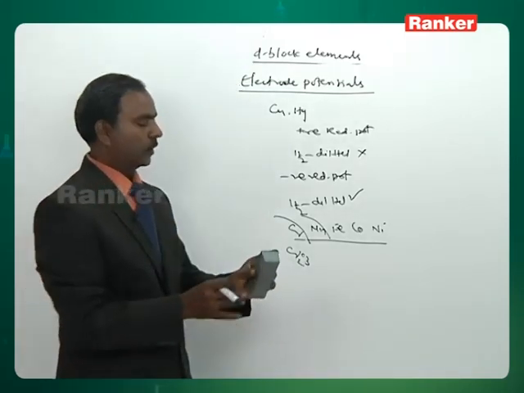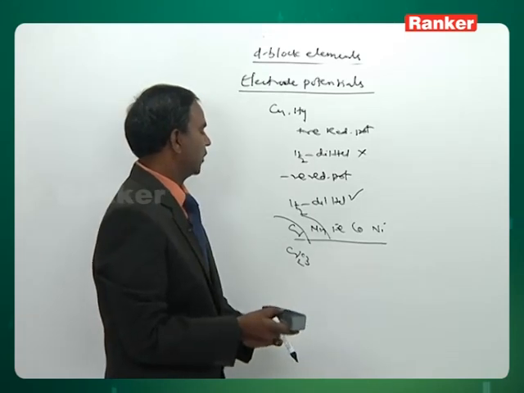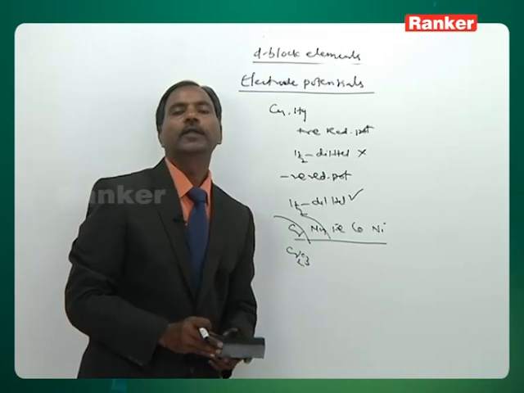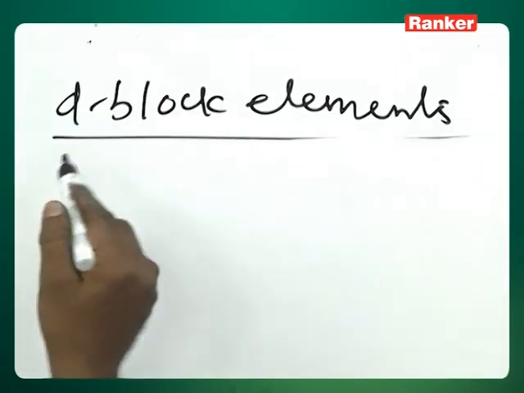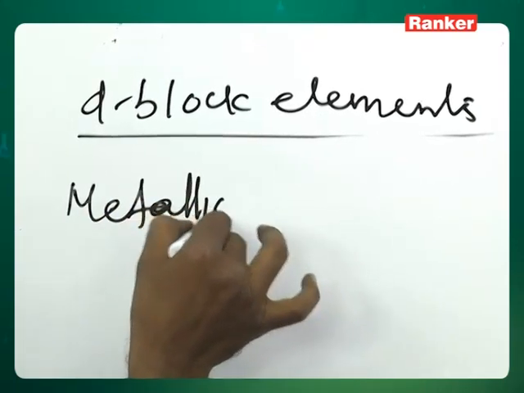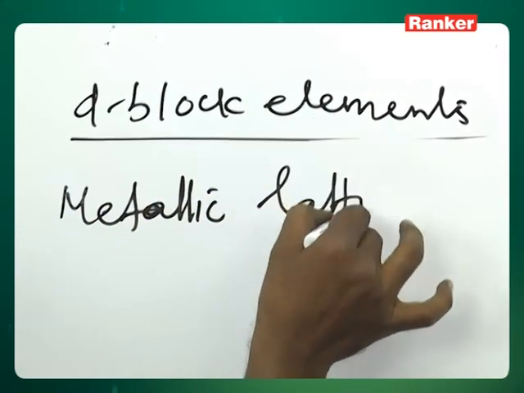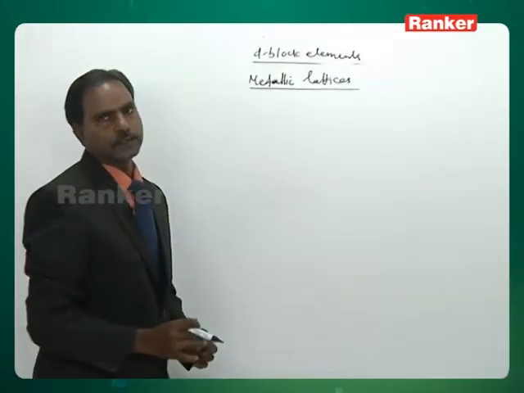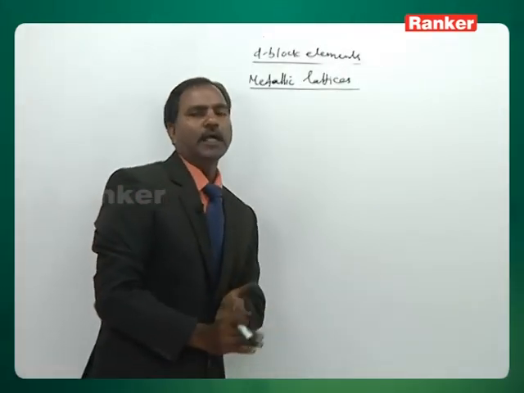Next we see the shapes of d orbitals and metallic lattices of d-block elements.